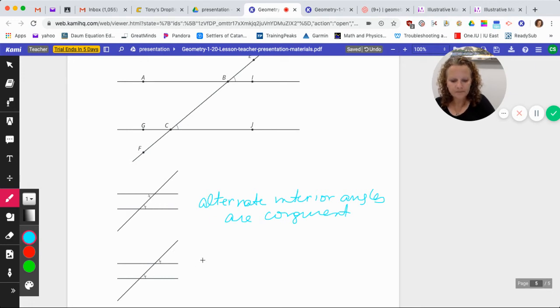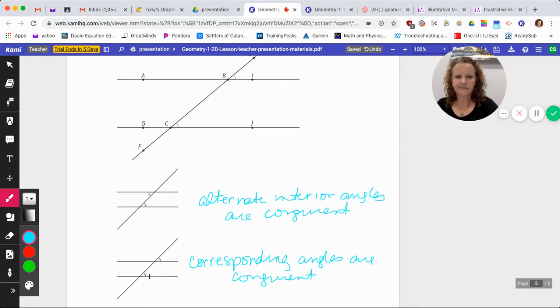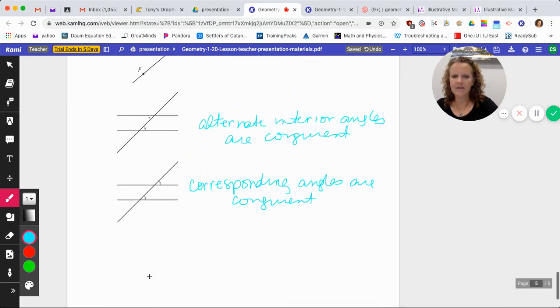All right, these two are corresponding. Corresponding angles are congruent. They're on the same side of the transversal, both above the parallel lines, so they're in corresponding spots. Okay. Is that it? Yep, that is.